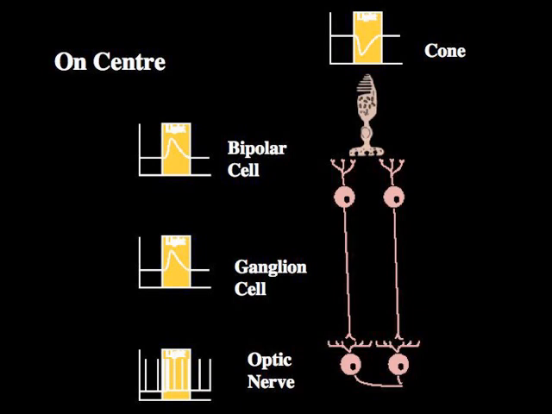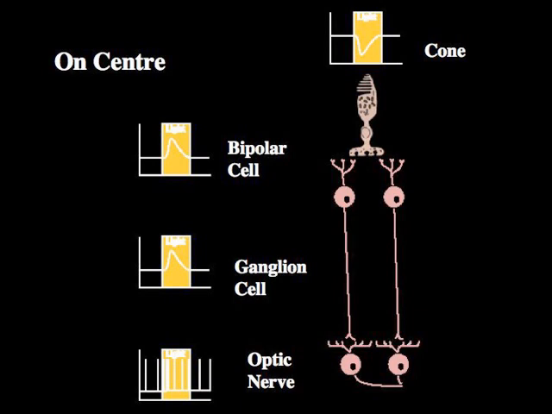Let's look at the on-center bipolar cell. You'll remember, I hope, from your basic neurophysiology that when you stimulate a cell, there are two options. There are excitatory postsynaptic potentials and inhibitory postsynaptic potentials. So stimulating a cell can either increase or decrease its membrane potential, and it depends which channels are opened on that receptive cell, either the sodium channels or the chloride channels.